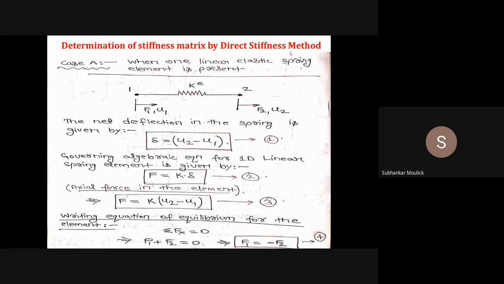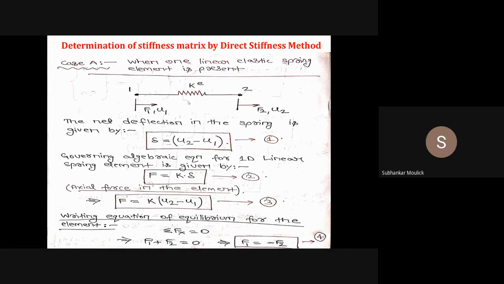First of all, let us take the very simplest case, that is when one element is present. When there is one element, how do we get the stiffness matrix of this element by the direct stiffness method? From the diagram it is clear that only one element is present, with stiffness Ke, meaning stiffness of this particular element.